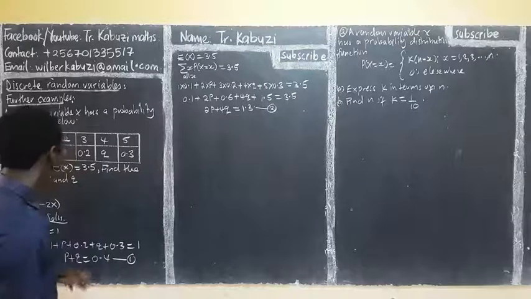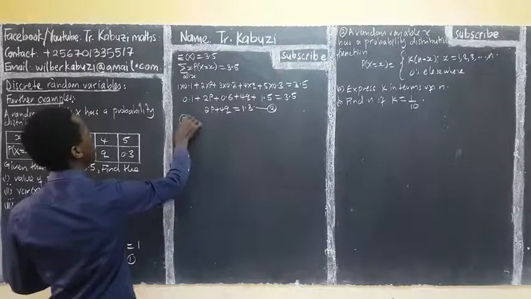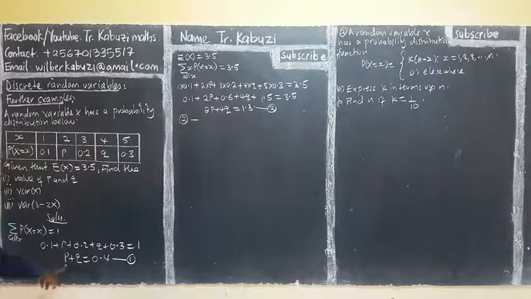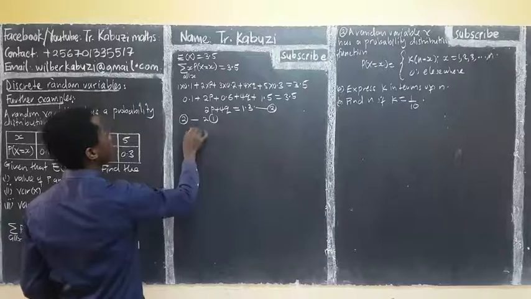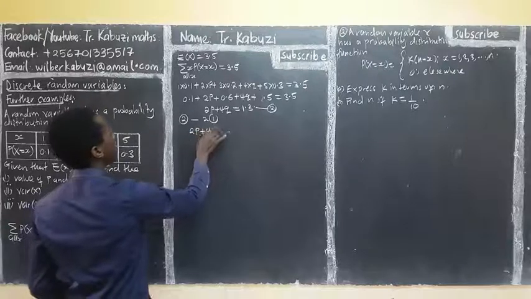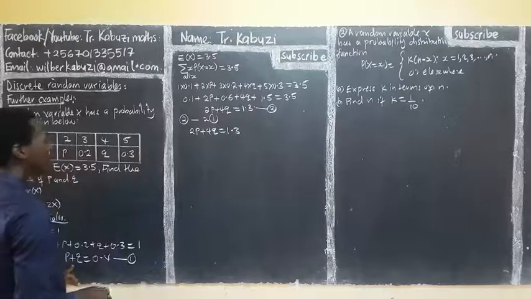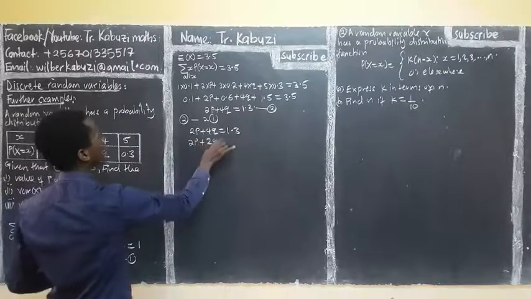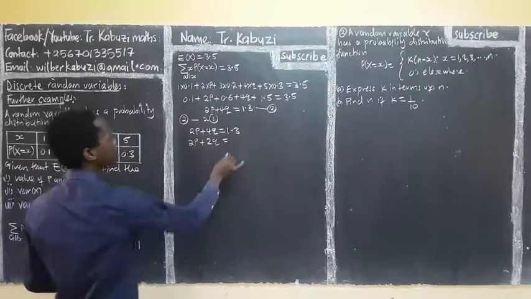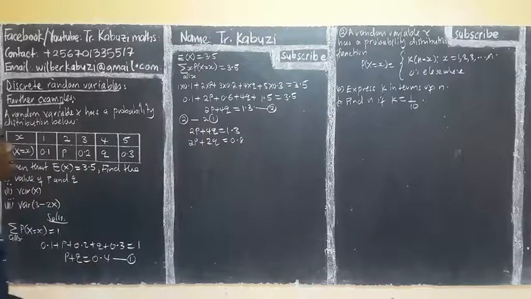What I'm going to do is equation 2 minus 2 times equation 1. So we have 2p plus 4q equaling 1.3. Then I'm multiplying equation 1 by 2, so I have 2p plus 2q equaling 0.8.